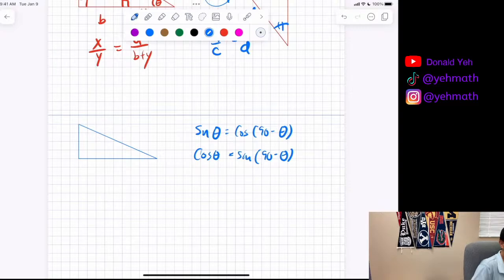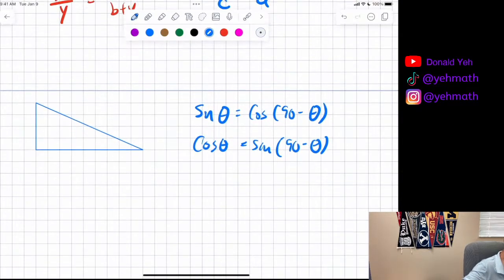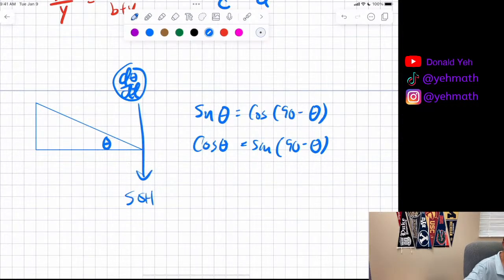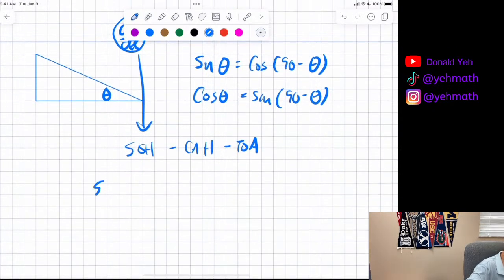Same logic. Now, you might have something called SOHCAHTOA, which is this on the SAT. On the AP exam, it's going to worry about the angle. Anytime you have d theta dt, they are looking at how fast the angle is changing. Write it down. If you ever have d theta dt, that means SOHCAHTOA. Sine of theta is equal to opposite over hypotenuse.